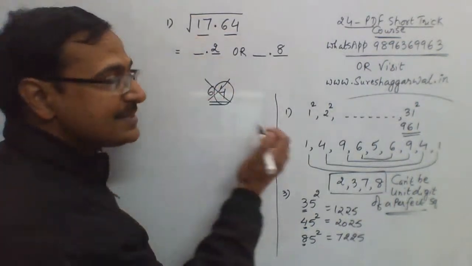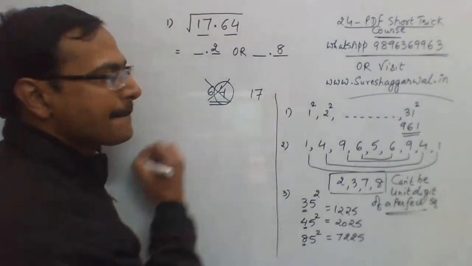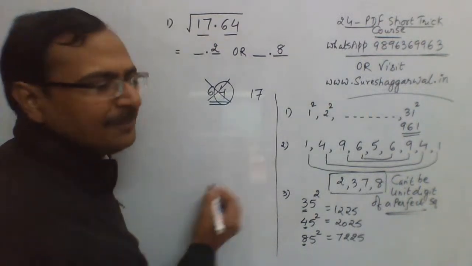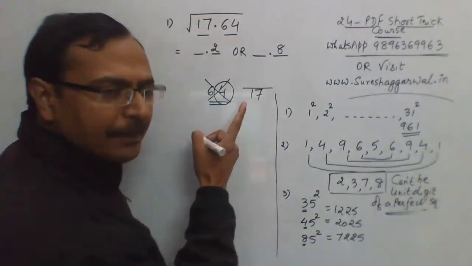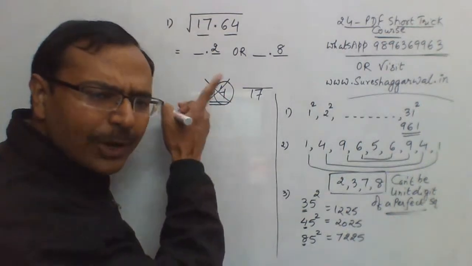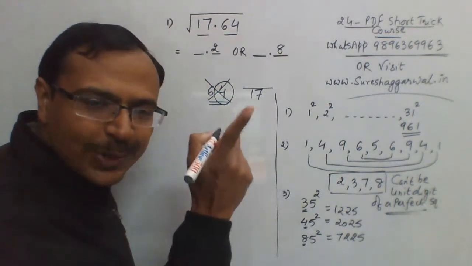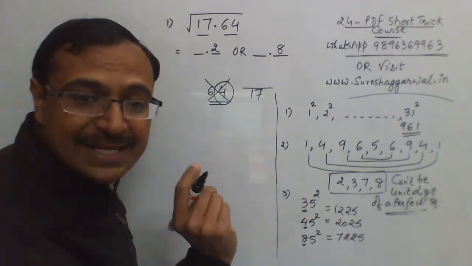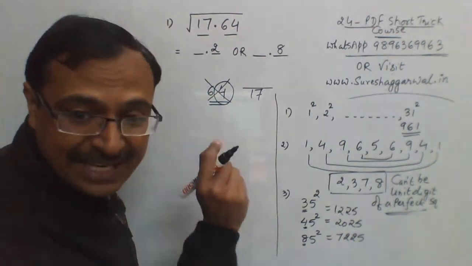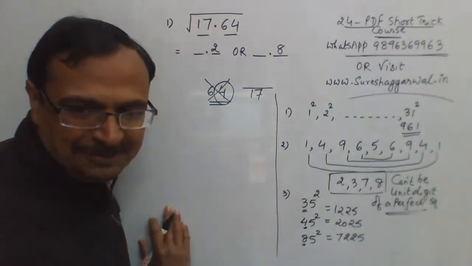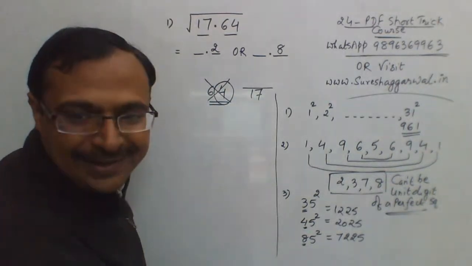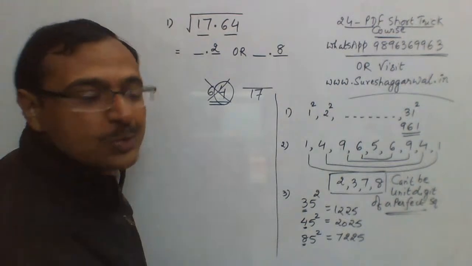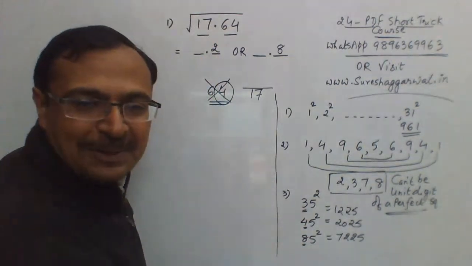What's the second pair? 17. Tell me a number just smaller than 17, which is a perfect square. Which number's square is closest to 17 but less than 17?